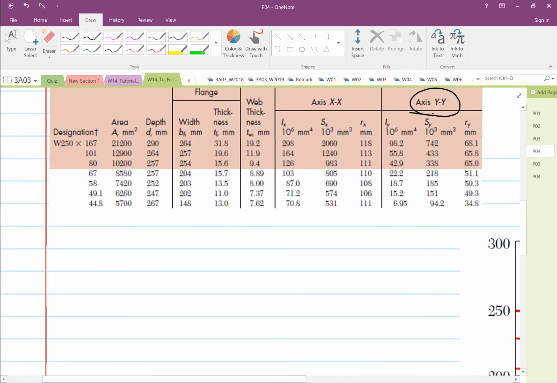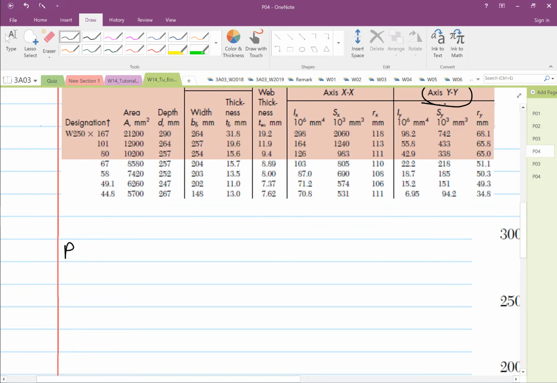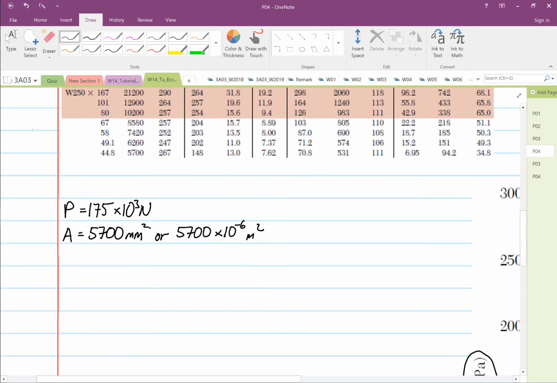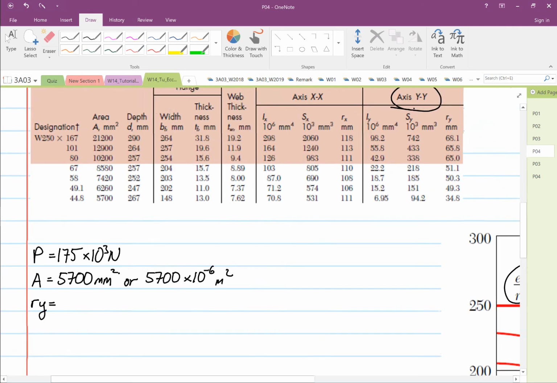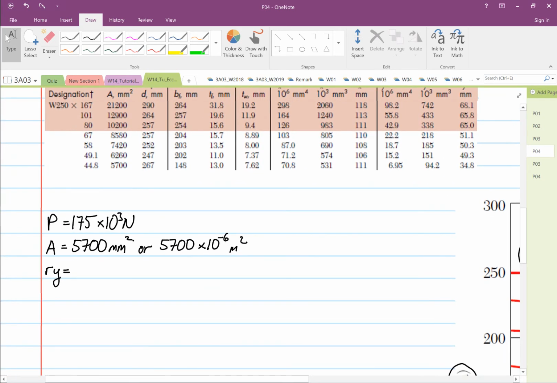So we are given that P is equal to 175 times 10 to the power 3 Newton, and the A from the table is equal to 5,700 square millimeters, or 5700 times 10 to the power minus 6 meters squared. Then r_y will be equal to 34.8 times 10 to the power minus 3 meters.